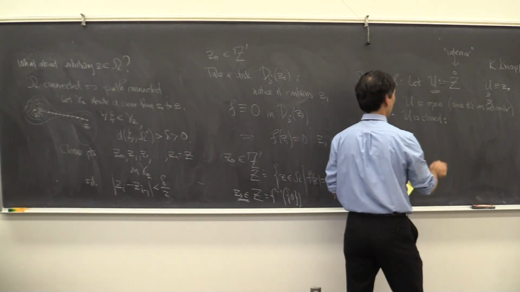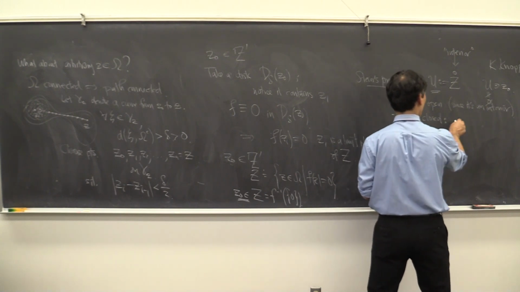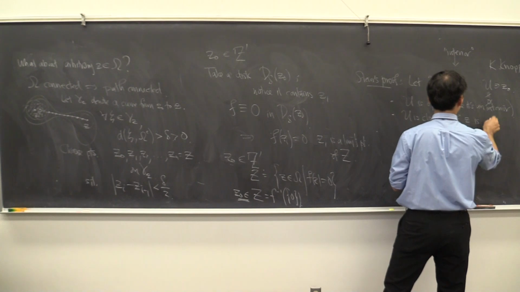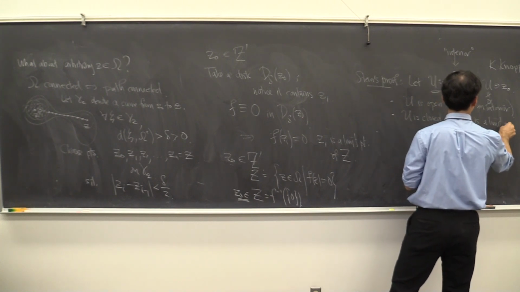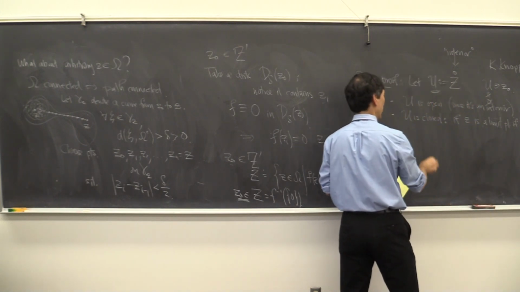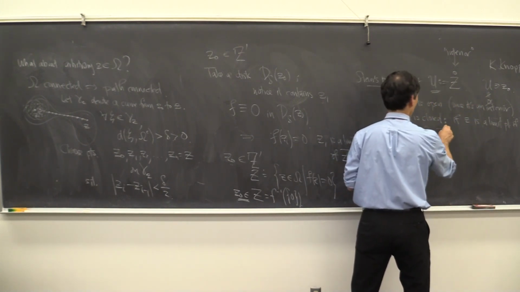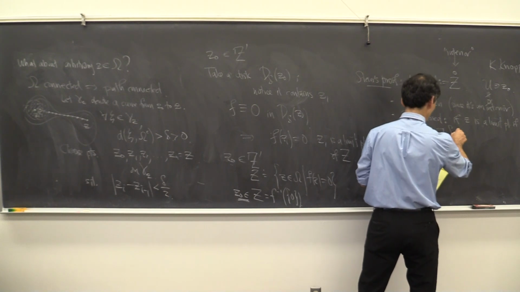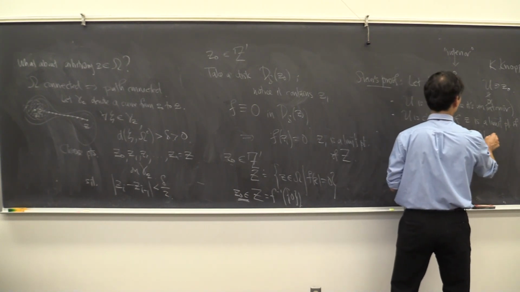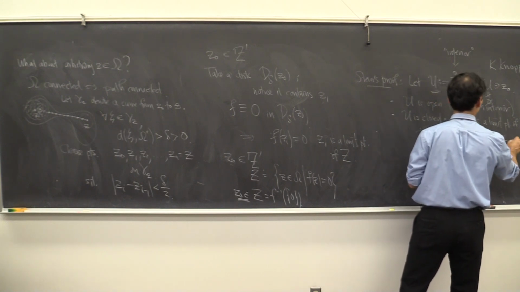Notice that if z is a limit point of U, then there's a sequence z sub n in U such that z sub n converges to z.